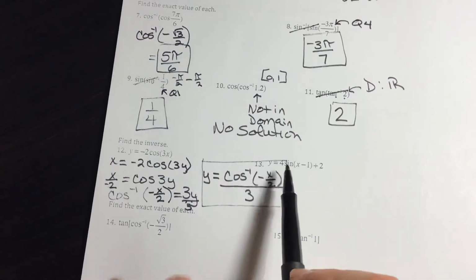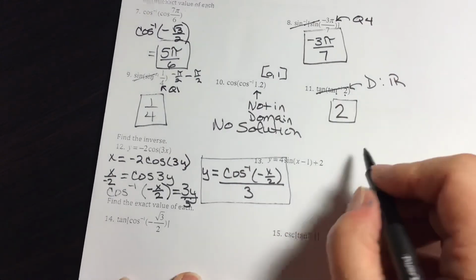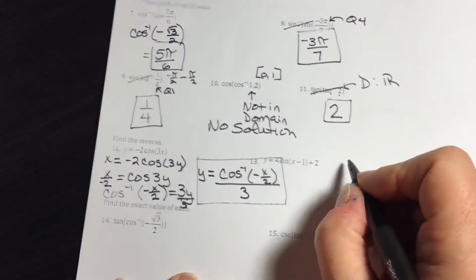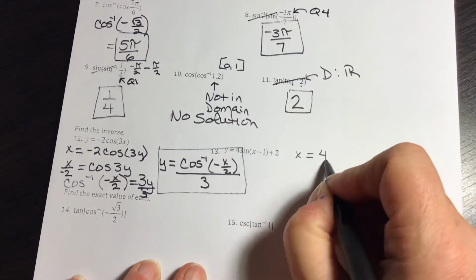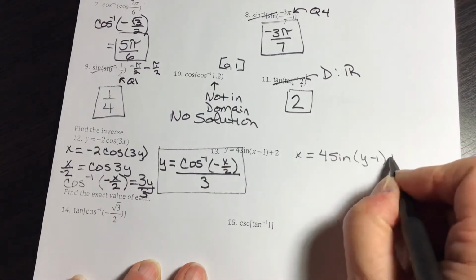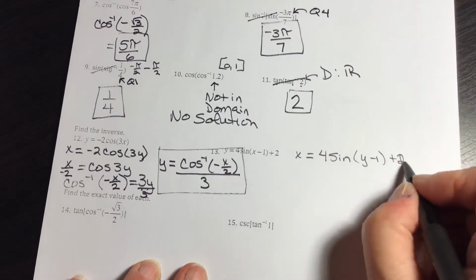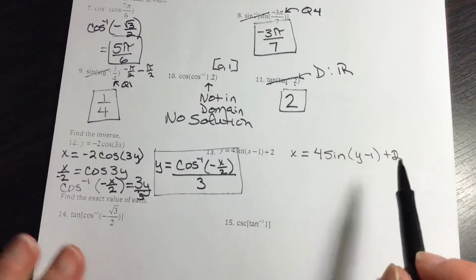Number 13, I have to find the inverse again. So I'm going to replace x and y. So I'll say x equals 4 sine of y minus 1, and then plus 2. I want to solve for y.